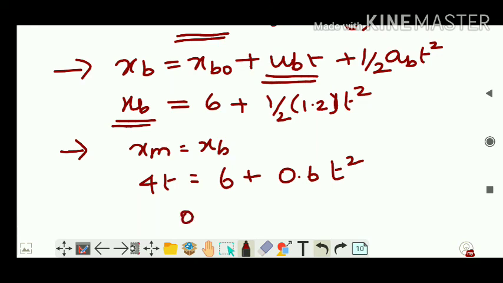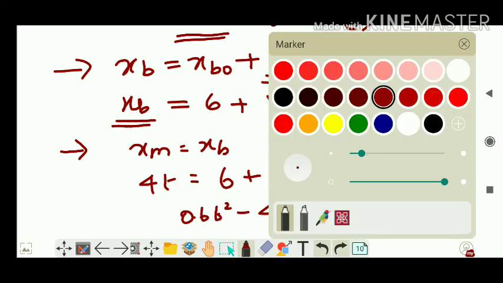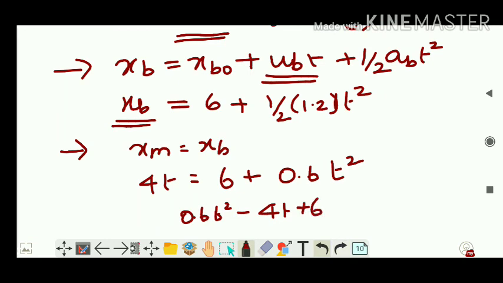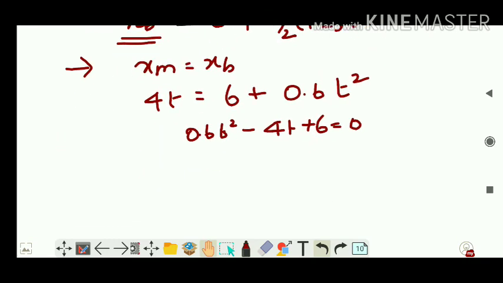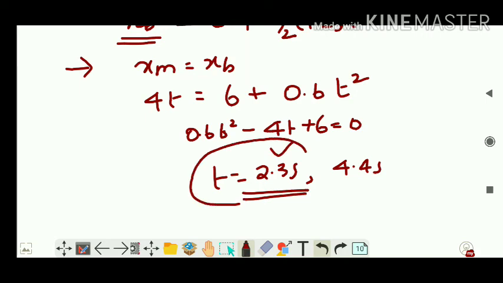Or I can write 0.6 t squared minus 4t plus 6 is equal to 0. So when you solve this equation, you will get the value of time as 2.3 second and 4.4 second. So the first time will be 2.3 second. The first time the person can catch that bus is at 2.3 seconds.